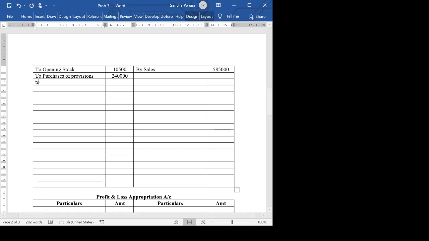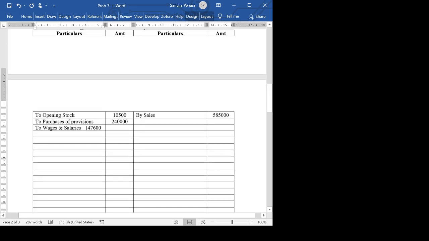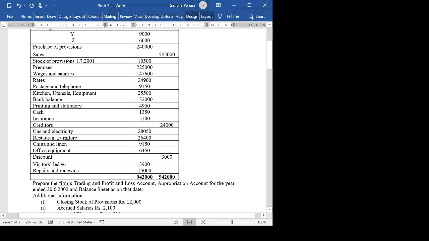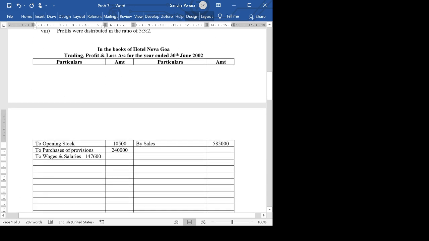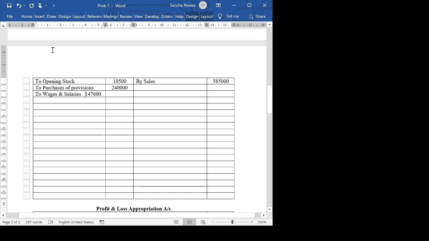Wages and salaries, 1,47,600. To wages and salaries, in the inner column, because it's an adjustment, 1,47,600. There are outstanding salaries. Rates, 24,900. I'll leave some lines for the balancing.